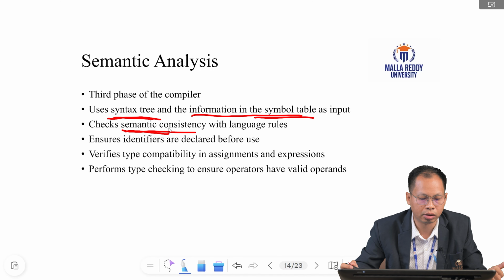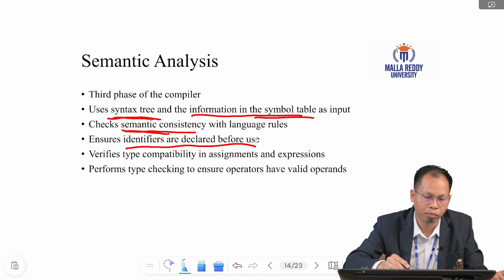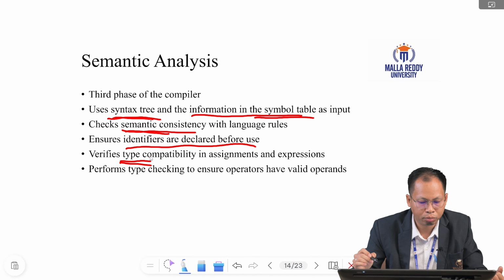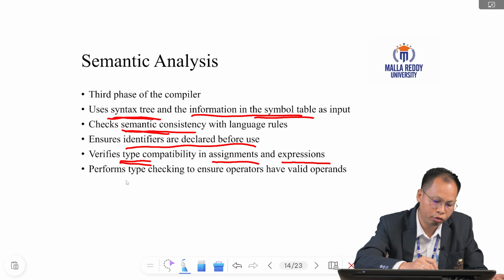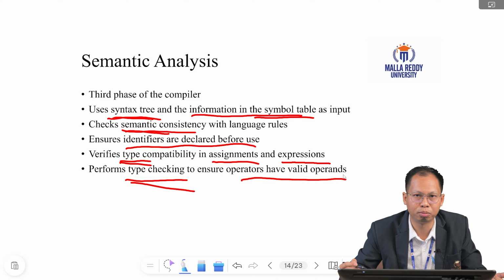So semantic consistency will be checked here. It will ensure that whatever identifier we use has been declared. Then it will check the type compatibility of the variables used in assignments and expressions in the lines of code. It will perform type checking to ensure that operators have valid operands.